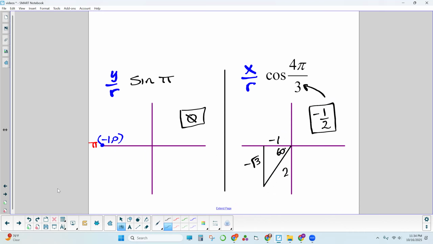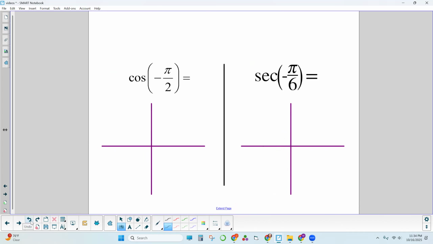All right, last two. If you want to try these on your own, go ahead and pause the video, give it a shot, come back, and we will go over them. We're looking at cosine at negative pi over 2. Where's negative pi over 2? We're going to go in a clockwise rotation down here.